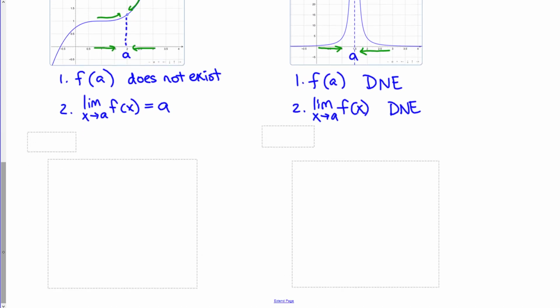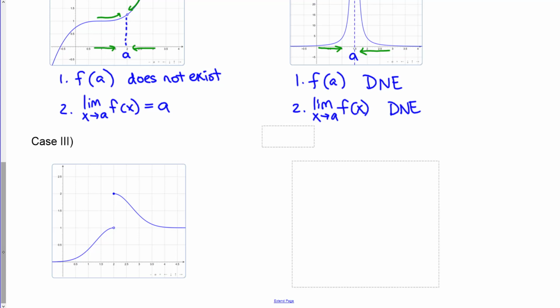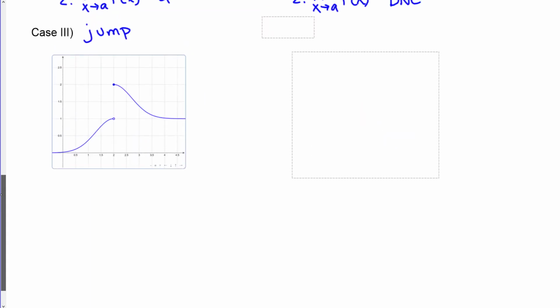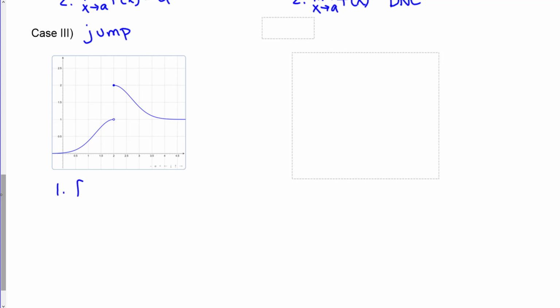Okay. Let's see if there's other ways that we can get discontinuities. Well, right here is a particular situation that we could have a discontinuity. And this is called a jump in the graph. When we have a jump in the graph, first off, if you'll notice, I'll call this point A again. f(a) actually does exist.